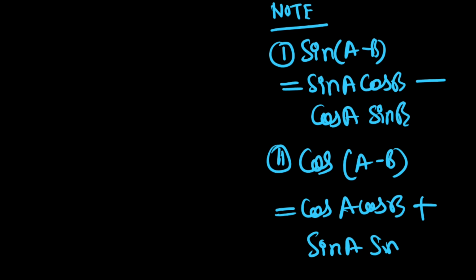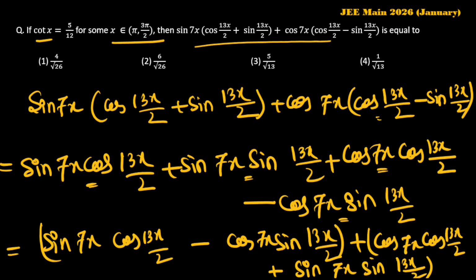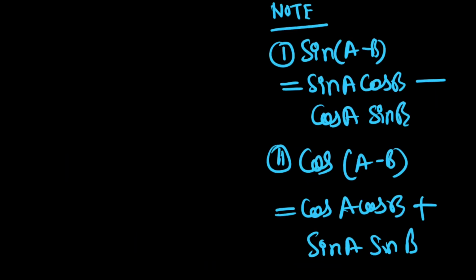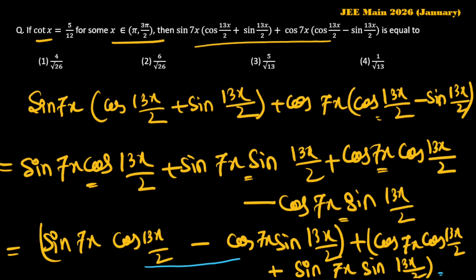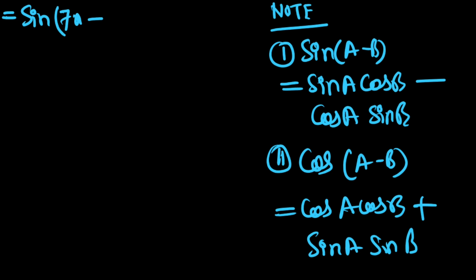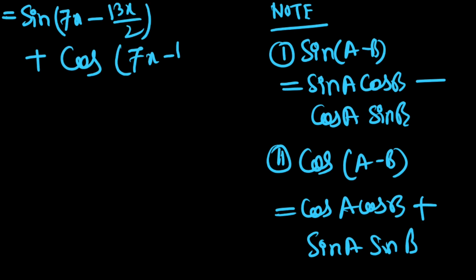The first terms, sin cos minus cos sin, give the sin(a − b) formula, and the second bracket, cos cos plus sin sin, gives the second identity. Here a is 7x and b is 13x/2. So both cases are the same: we write sin(7x − 13x/2) plus cos(7x − 13x/2).